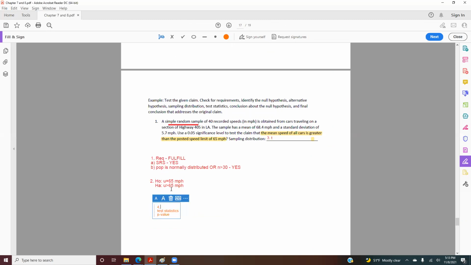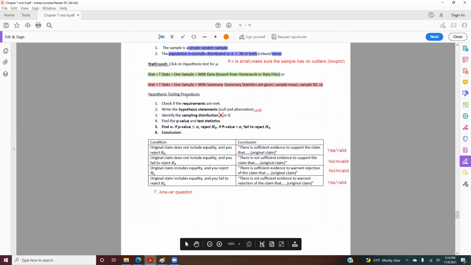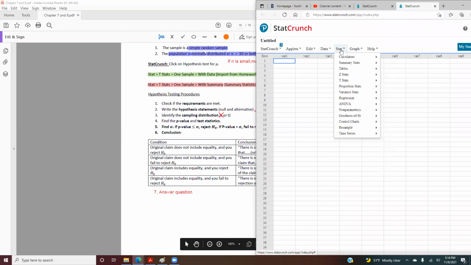So this you have to use with summary. The reason why you're using this with summary is because the question is giving you all the summary statistics: the sample mean, the sample standard deviation, and so on. So what you need to do is go to Stat, go to T Stats, go to One Sample with Summary.